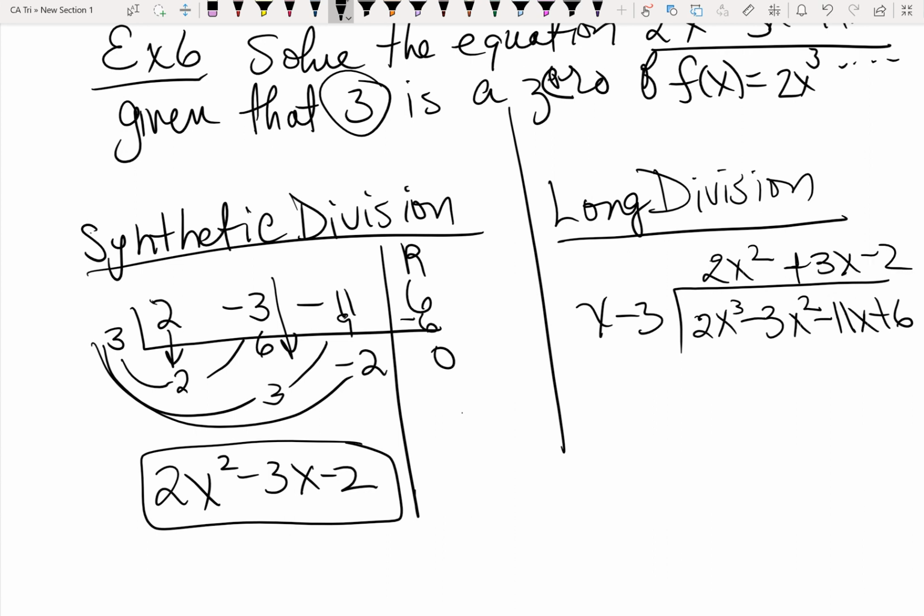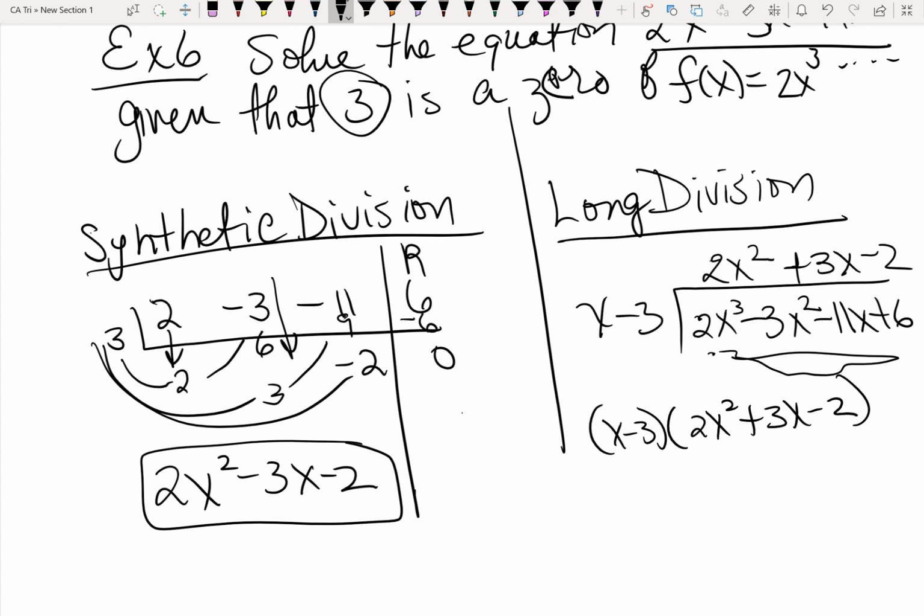What this is saying is that x minus 3 times 2x squared plus 3x minus 2, after doing long division, because remember there are steps in here, and I just gave you the result to save time, would be the equivalent of 2x cubed minus 3x squared minus 11x plus 6.